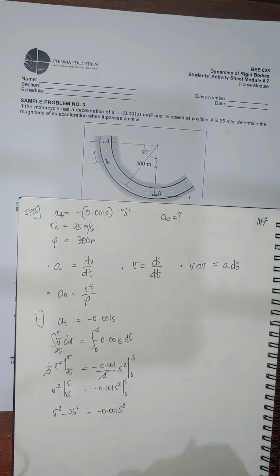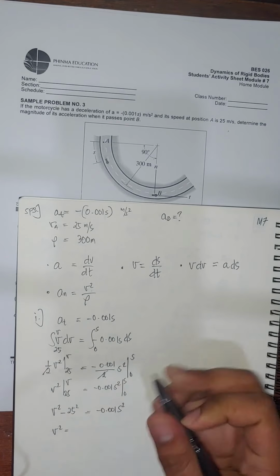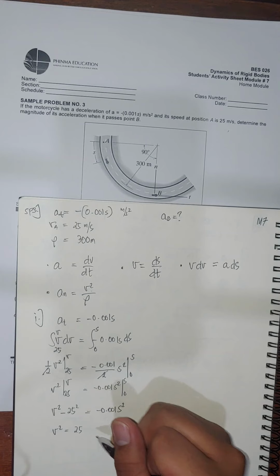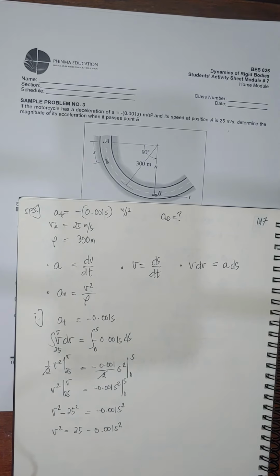So the function for v: v squared is equal to 25 squared minus 0.001 s squared.